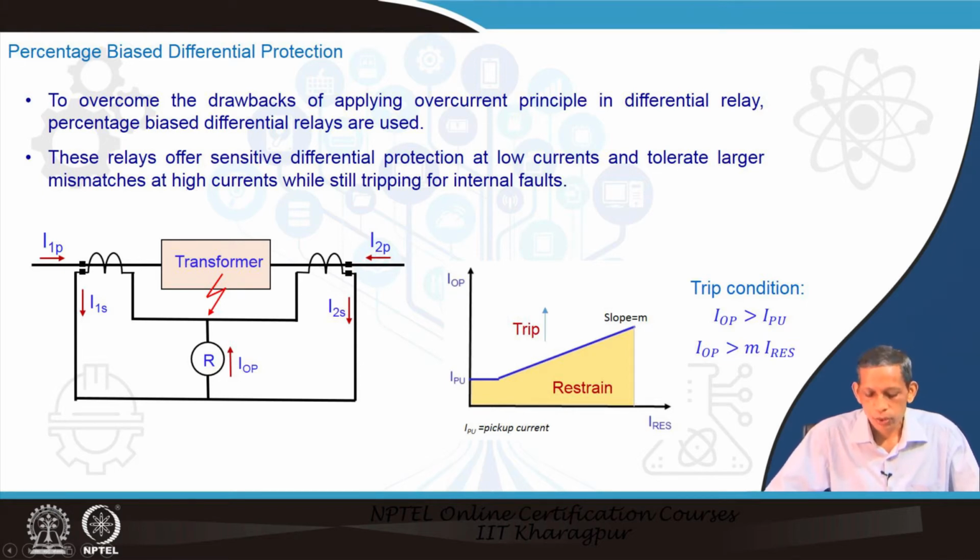So, in this situation the trip condition for the differential will be if I operating is greater than I PU, that is the pickup current, and I operating is greater than the slope times I restraint. Whenever the corresponding operating current is greater than this threshold value, above this it is a trip region; otherwise, the relay remains silent.